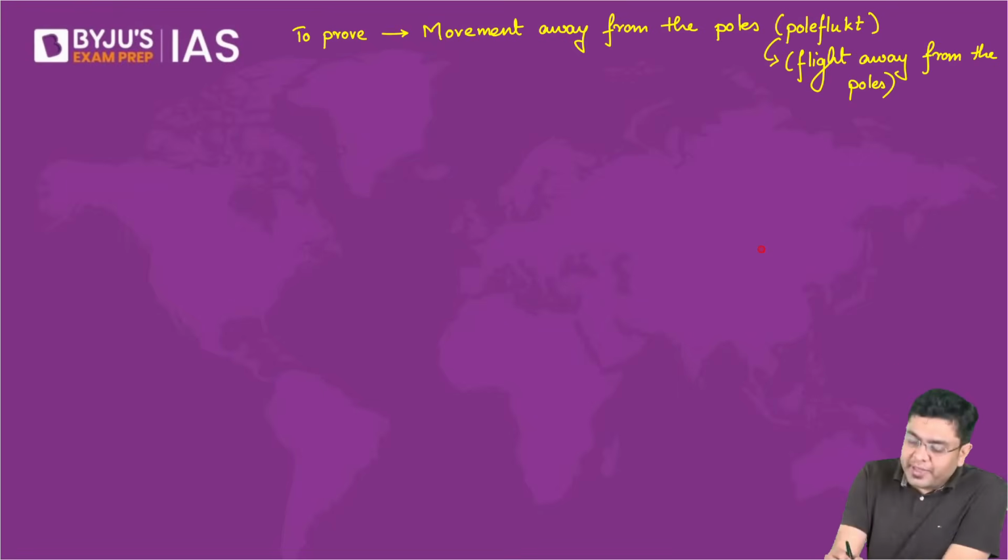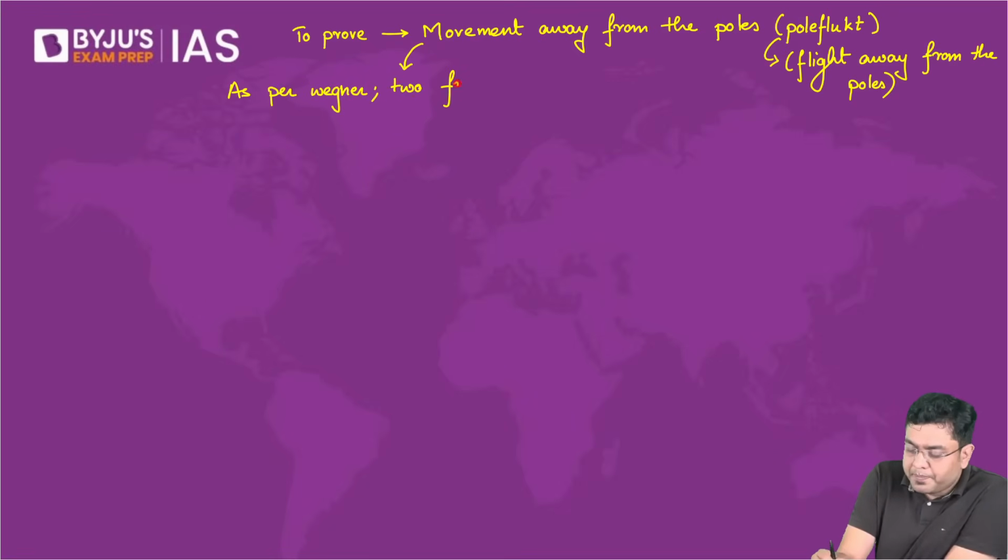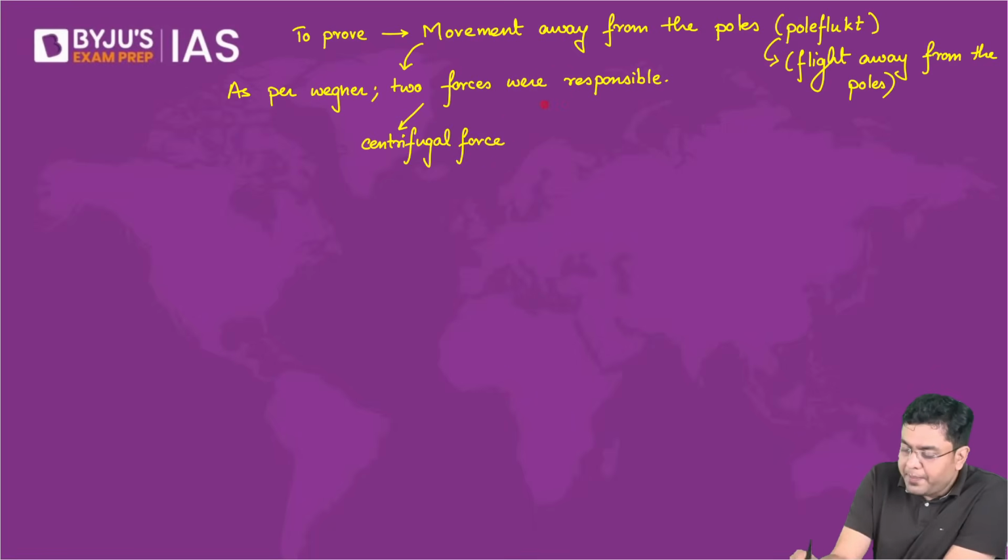As per Wagner, two forces were responsible. Which were these two forces? One is the centrifugal force, and the other would be the force of buoyancy.